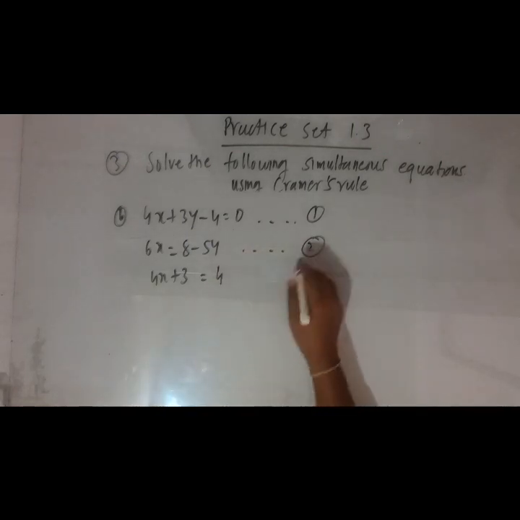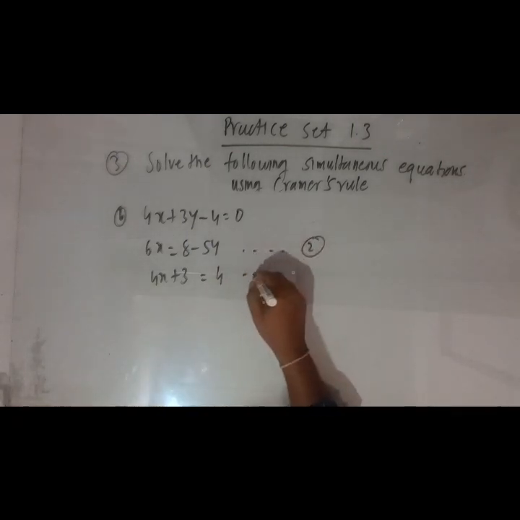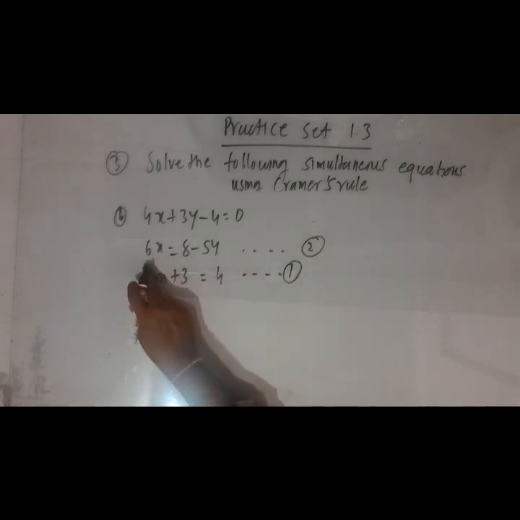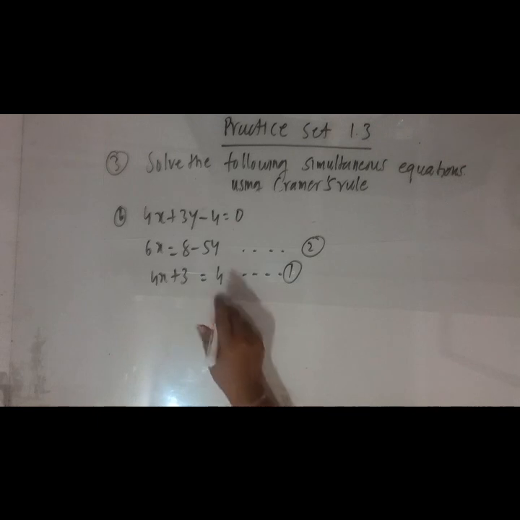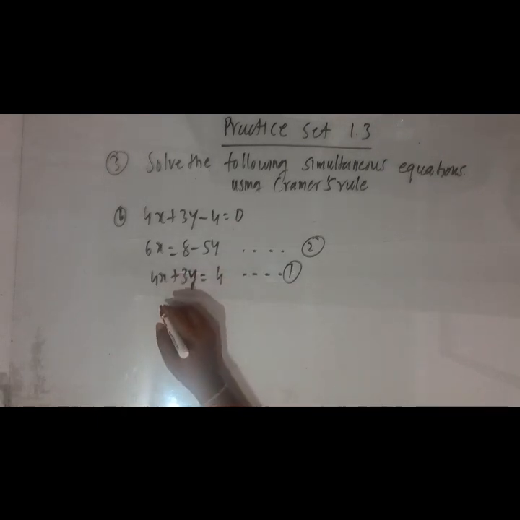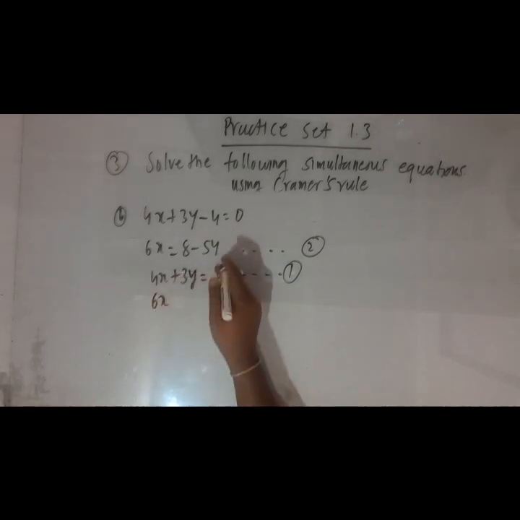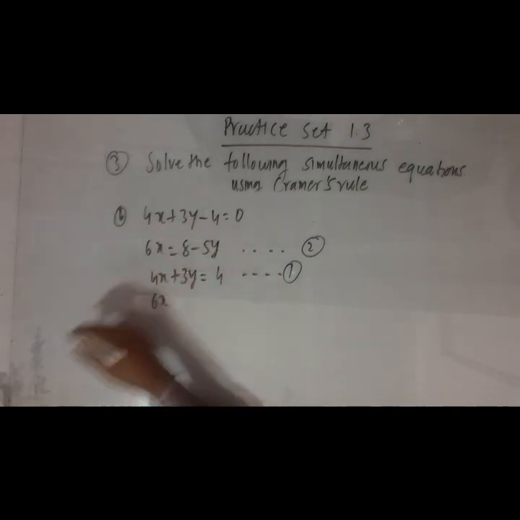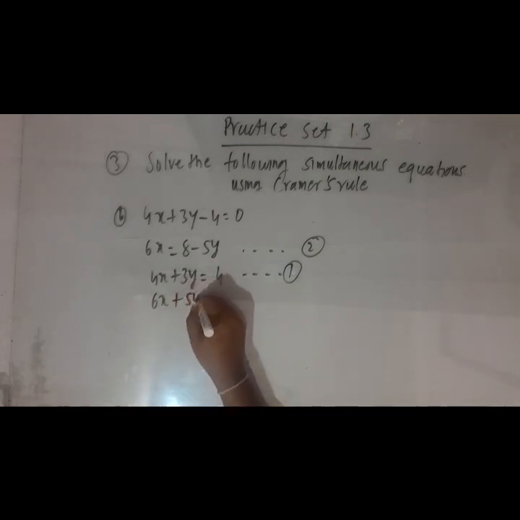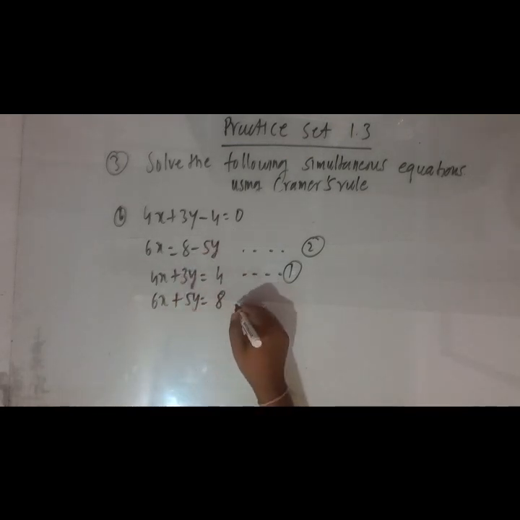Then for 6x, you take this 5y over here. If it goes to that side, it becomes plus 5y, and this 8 will remain as such. So this becomes your equation number 2.